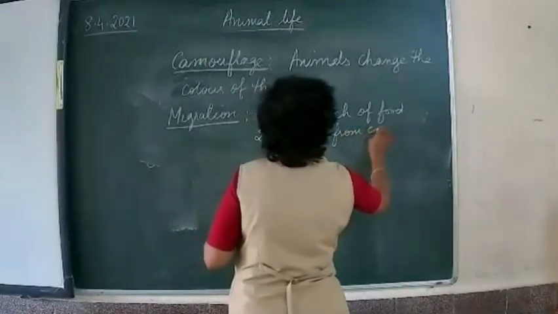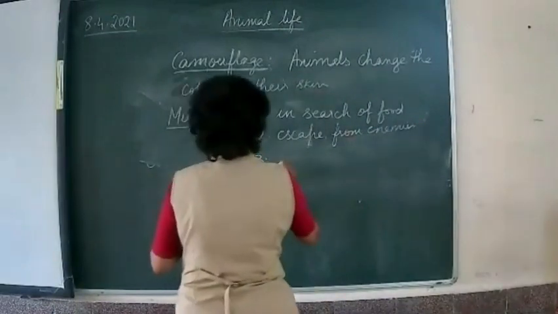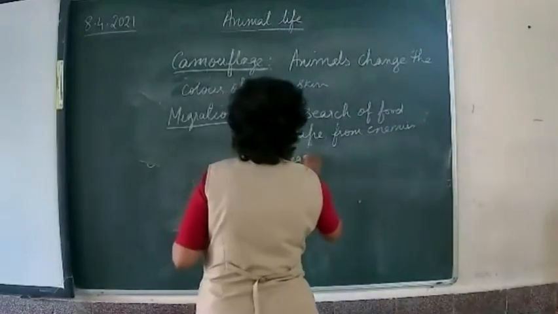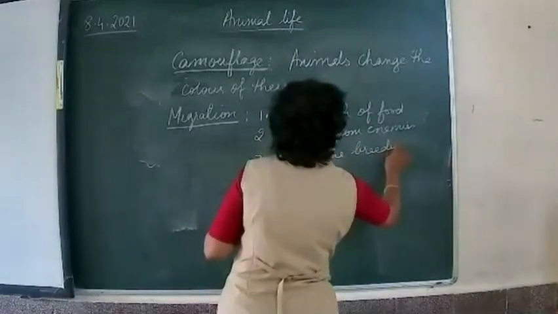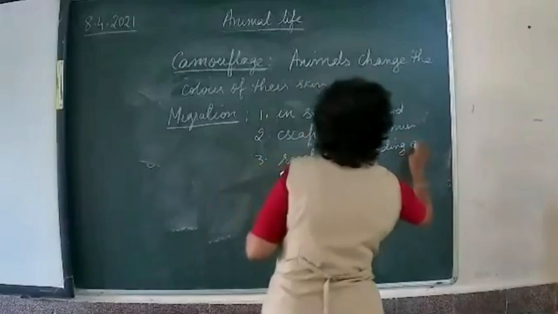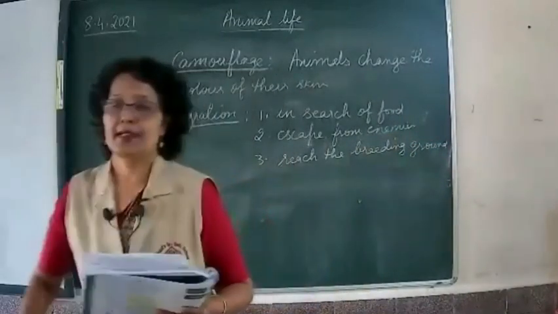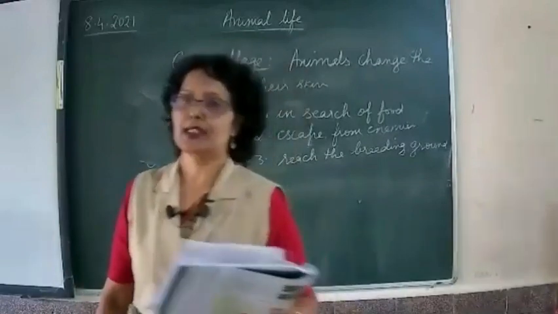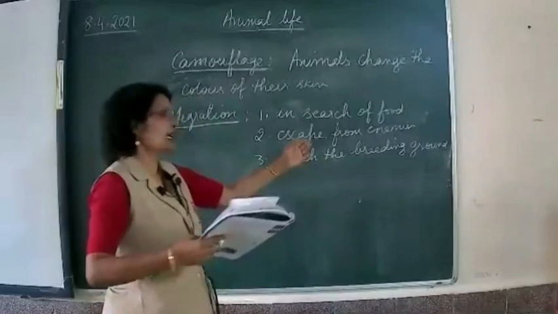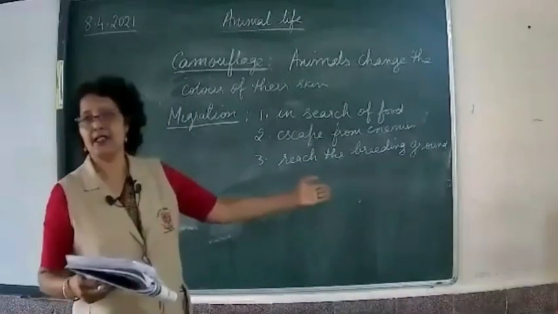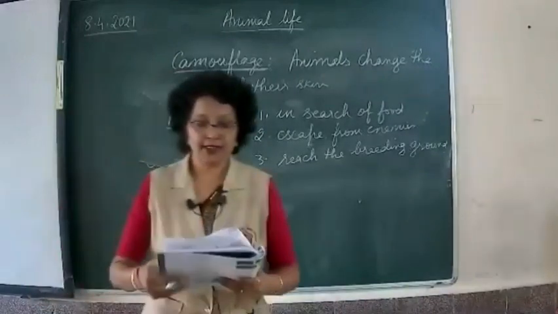And to reach the breeding ground. So when animals migrate from one place to another in search of food, to escape from their enemies and to reach their breeding grounds, this process, this term, is called migration.